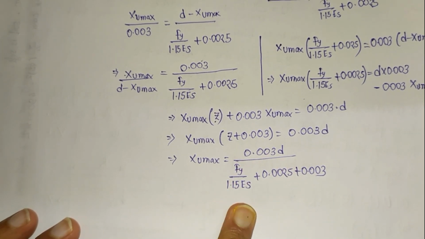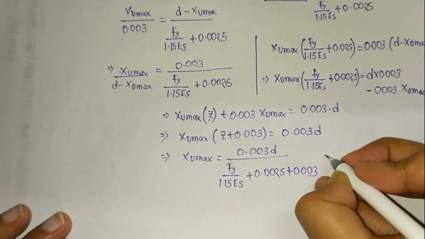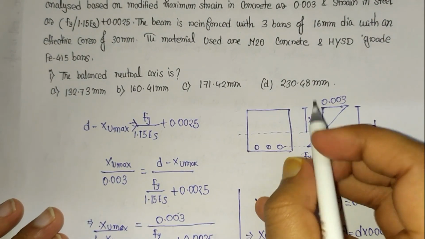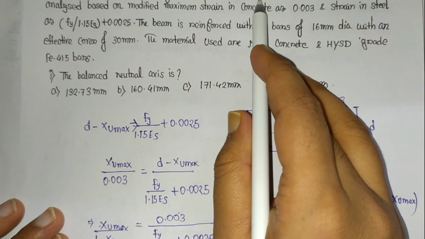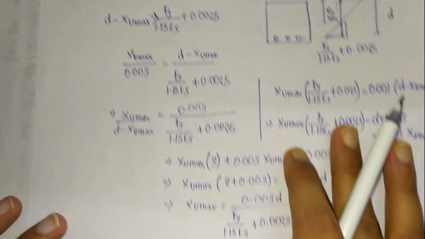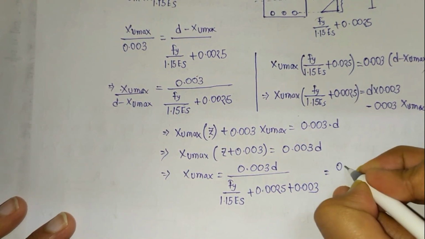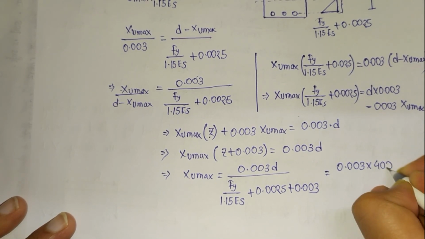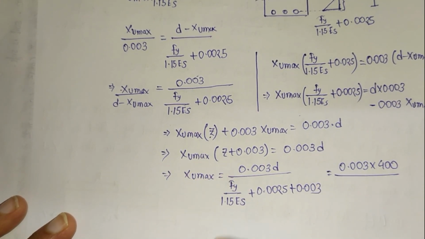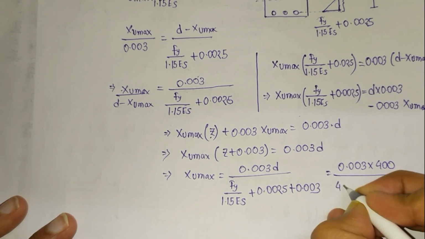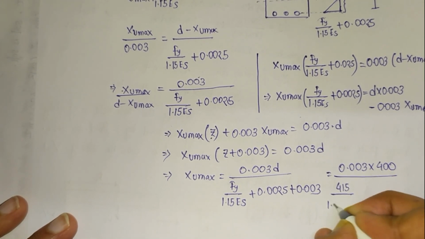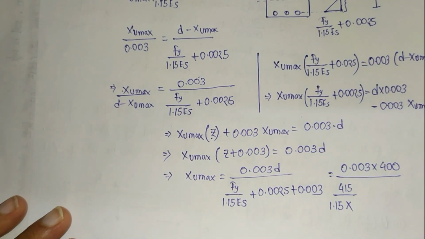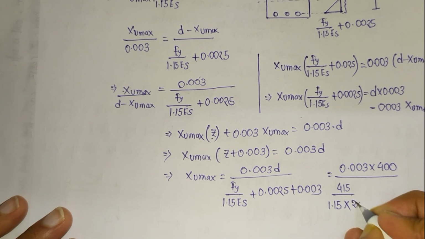Now we put in all the values. Small d is the 400 millimeter effective depth, fy is 415, and the modulus of elasticity of steel Es is 2 into 10 to the power 5 MPa.